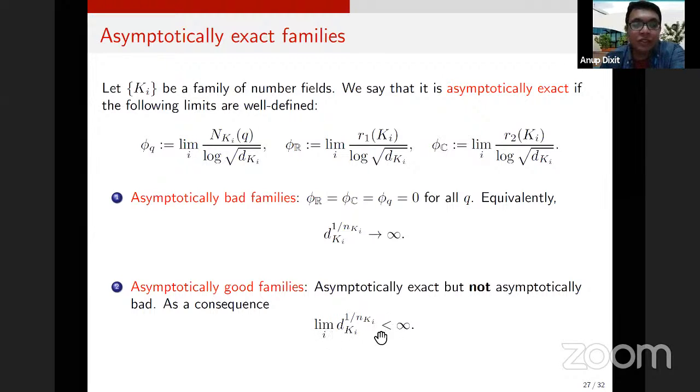And such families do exist, because if you look at a Hilbert-Golod-Shafarevich tower, there the root discriminant is a constant. And those types of towers or families don't fall under the classical Brauer-Siegel conjecture. So this in fact captures them. Okay.